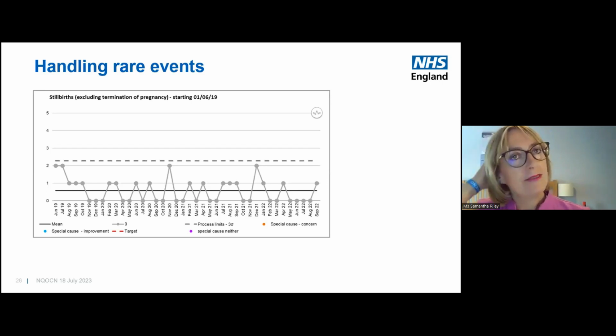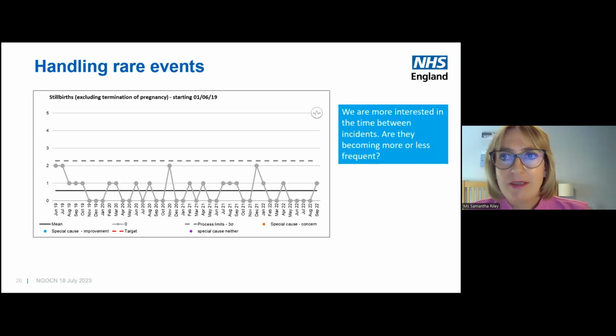But here's a good example of where we need to take a slightly different approach and need to use a slightly different chart. So this is data looking at stillbirths, and we can see here that there is quite limited variation in terms of the number of stillbirths that are plotted on this chart. So we've only got the options of there being 0, 1 or 2.